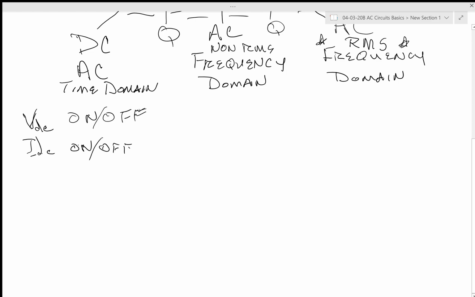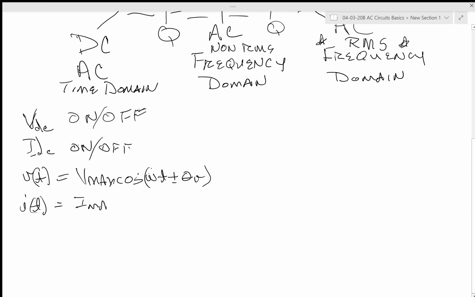Okay, you had a V of t value, which was an AC value that was Vmax cosine omega t plus or minus theta V. And you had an I of t value, which equaled Imax cosine omega t plus or minus theta I.